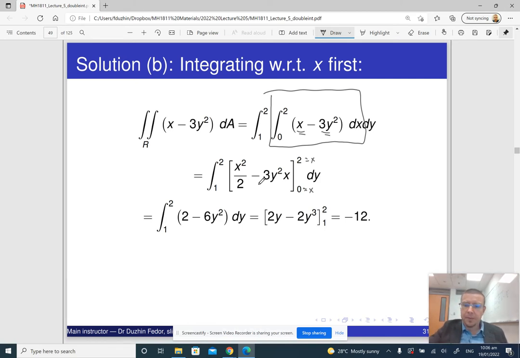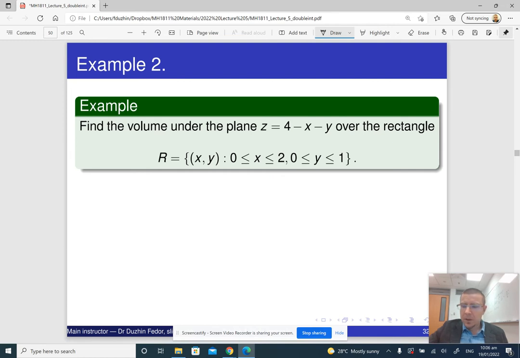Okay, now let me do a few more examples just to understand it better. So find the volume over the given rectangle. First of all, let me show you that this question makes sense, in the sense that z is going to be positive in the given rectangle.